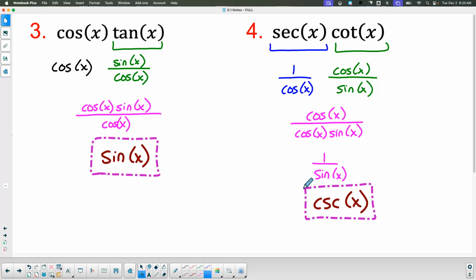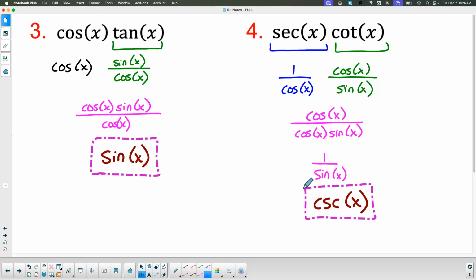I got sine of x for the first one, and I got cosecant of x for the second one. Questions? Would we have to write out the step of like cosine x over cosine x? The pink step? Not necessarily. Here, I would allow that one to be skipped.